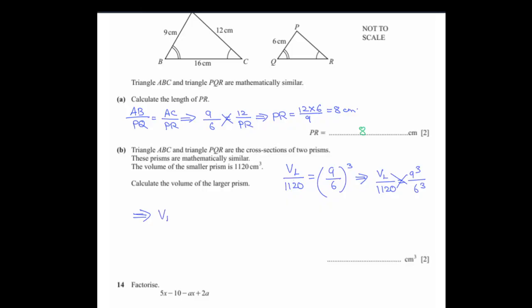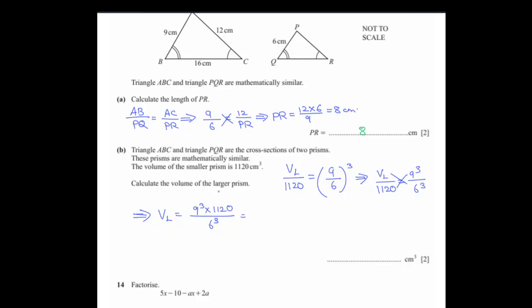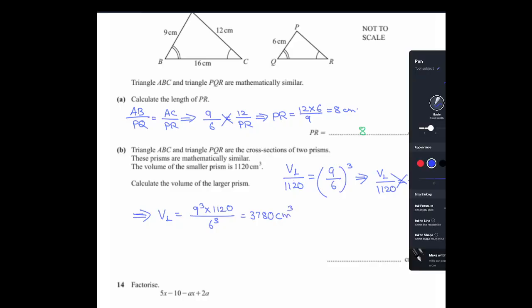The volume of the larger prism will be 9 cubed into 1120 by 6 cubed, which is 3780 centimeters cubed. This is the volume of the larger prism.